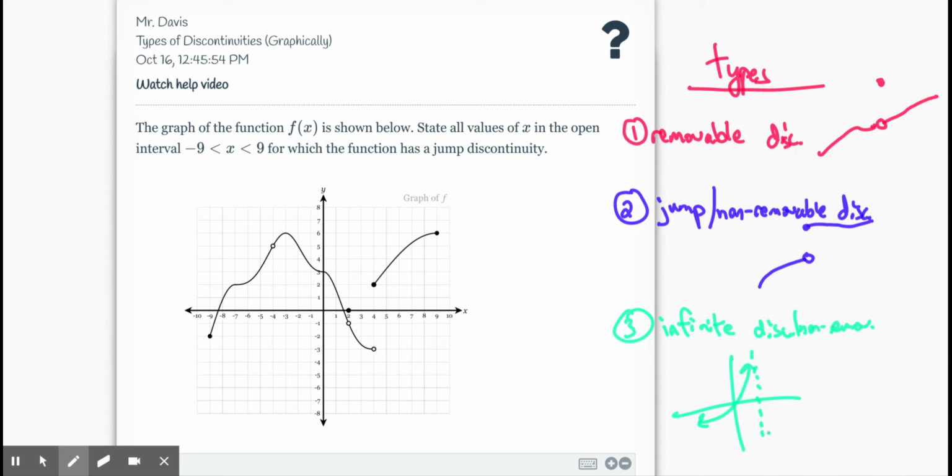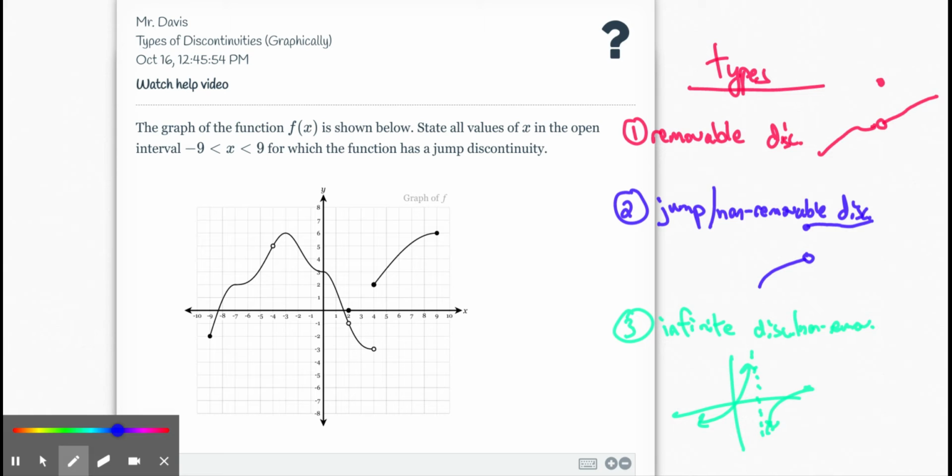Maybe our function goes like that and then goes down to negative infinity there. So it goes up to infinity or down to negative infinity, and there's no way we could theoretically connect these together because they're just going to keep going up forever. They could be opposite directions, it could be the same direction, but basically the idea is we have a vertical asymptote there. So that's what gives us an infinite discontinuity. Definitely no way you could just put a dot and fill that in.